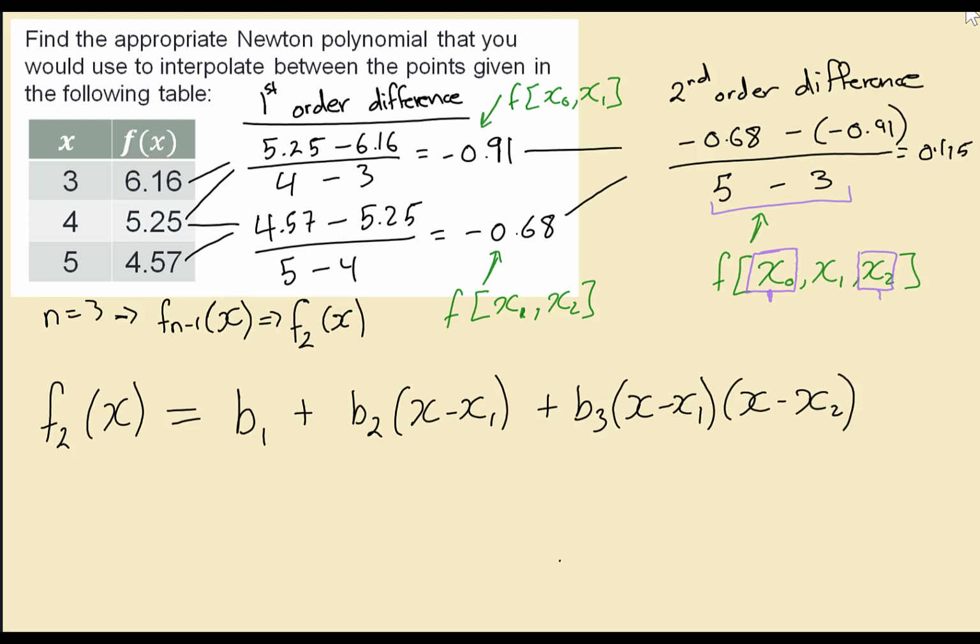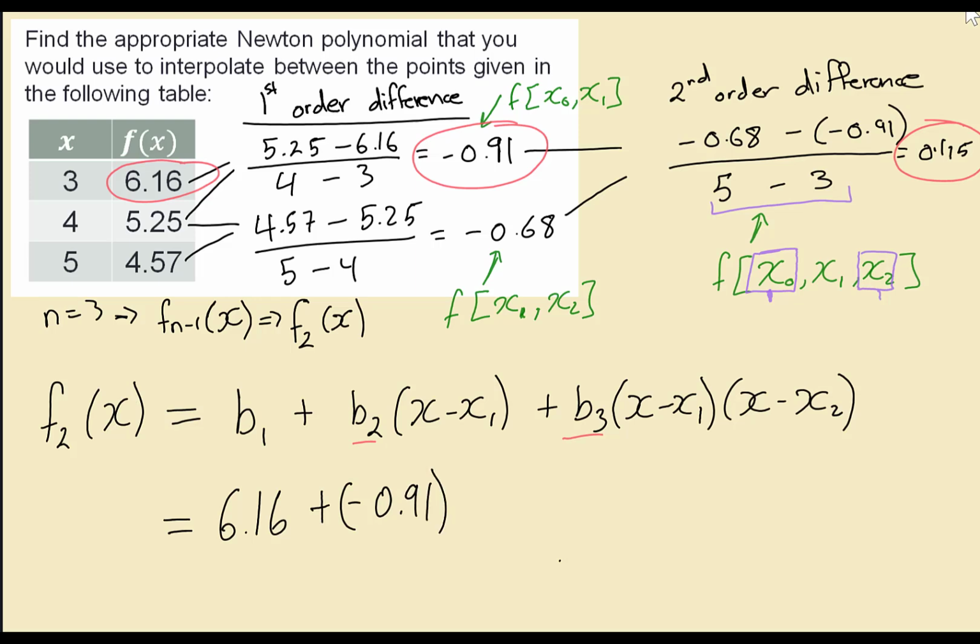So here, if you remember, B1 is what we see here. That's my B1. And then B2 is what we see here. And then B3 is what we see here. So it's the first row of all this table that we're developing here. So we're going to have this function equal B1, which is 6.16, plus B2, which is negative 0.91, multiplied by x minus x1.